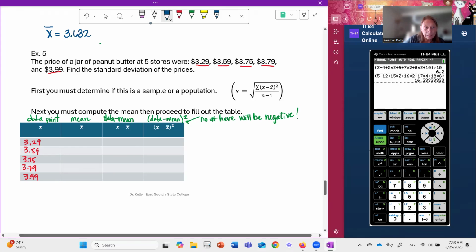Now notice I go out 3 decimal places because the price here was only 2 decimal places. We're increasing the precision of the number to make up for the rounding errors that will occur no matter what. Now we're going to write our mean down on every single one of these. It's going to be the same number, because the mean is the same no matter what.